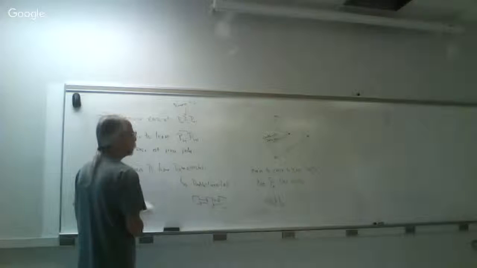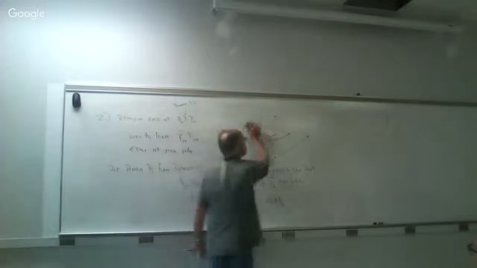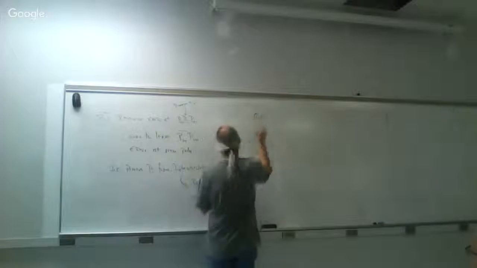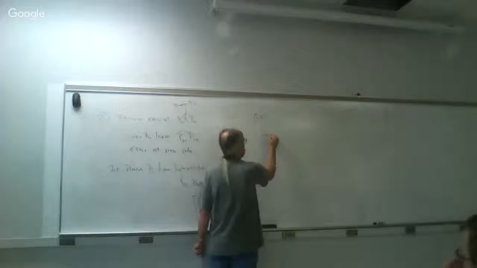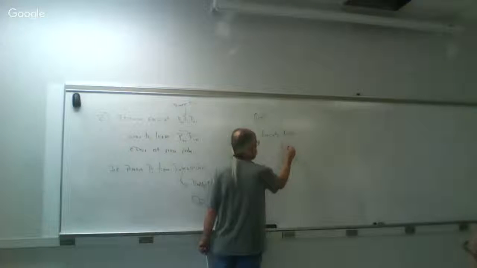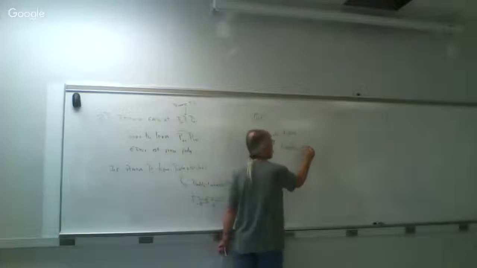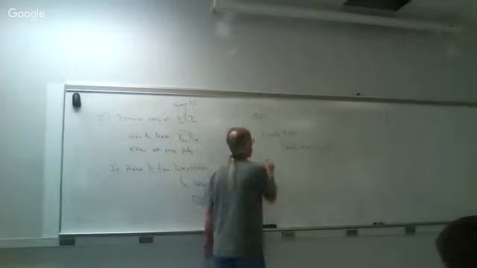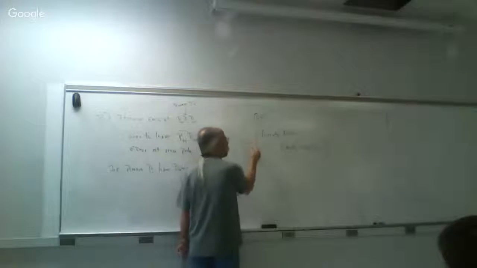So the cost for this algorithm: I've got to locate an ear, which means first of all I have to locate the ear tip, pi. And that means probably a linear search.